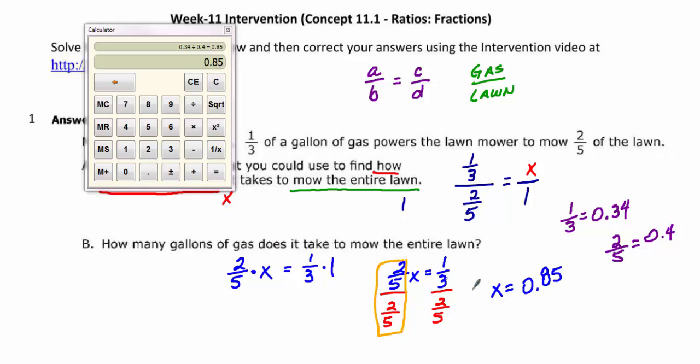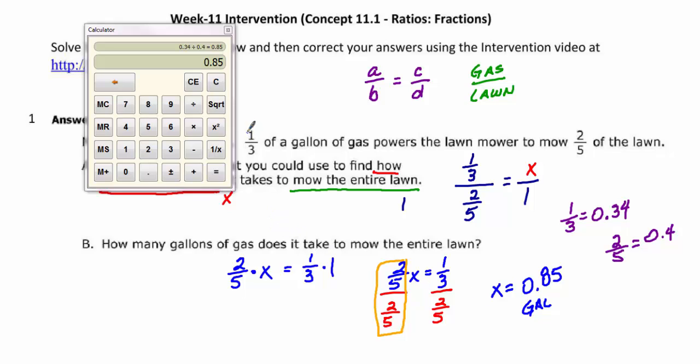It will take 85 hundredths of a gallon of gas to mow the entire lawn. So 0.85 gallons, not even a full gallon of gas to mow the entire lawn.